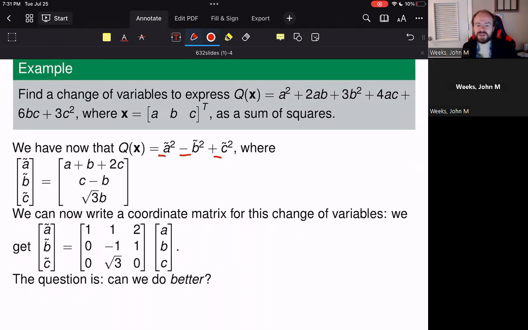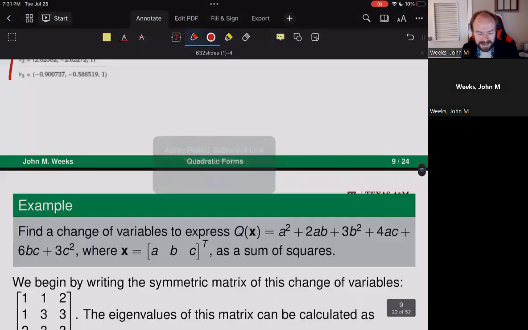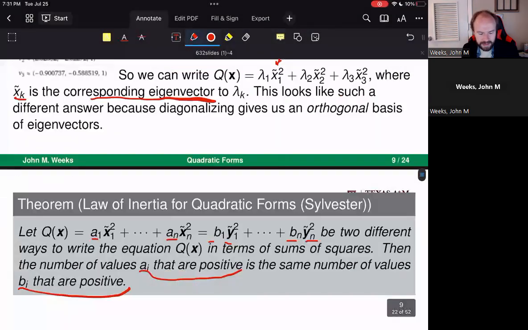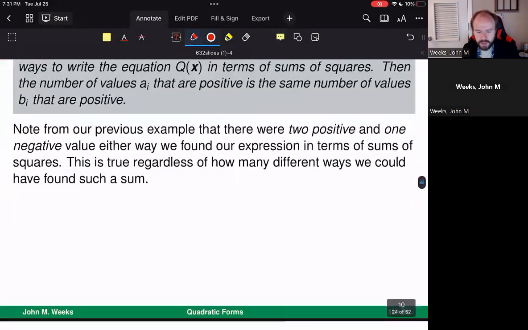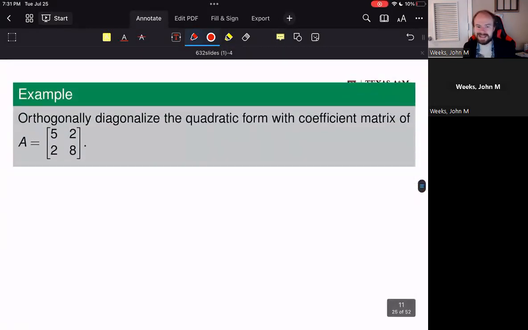So the same number of coefficients went out front here for this quadratic form. The same number, 2 were positive and 1 was negative. So note from our previous example, indeed, we had 2 positive and 1 negative value. So this is true regardless of however many different ways we could have found such a sum for these examples.